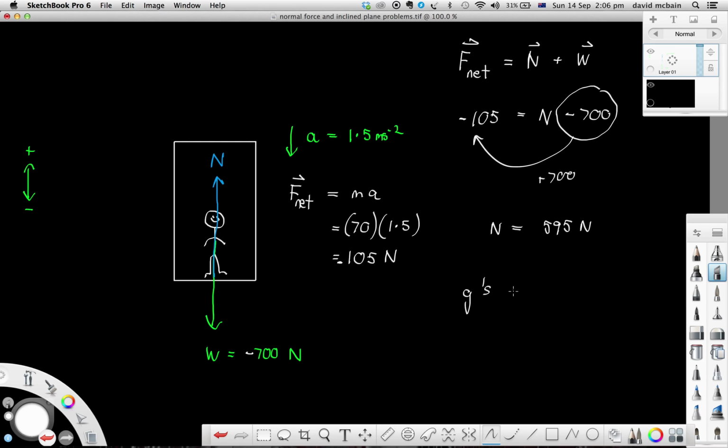The number of G's is equal to the ratio of the normal force over the weight force, and that will equal 595 over 700. 595 divided by 700 is 0.85. So that equals approximately 0.85 Gs. Okay, that's the second problem done.